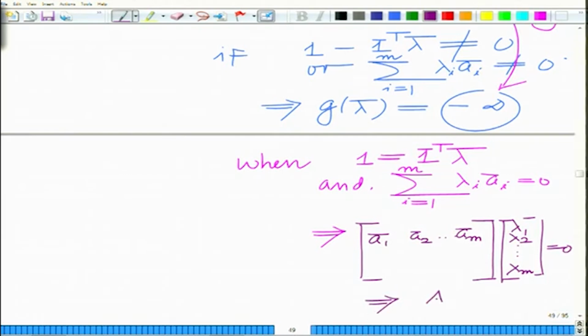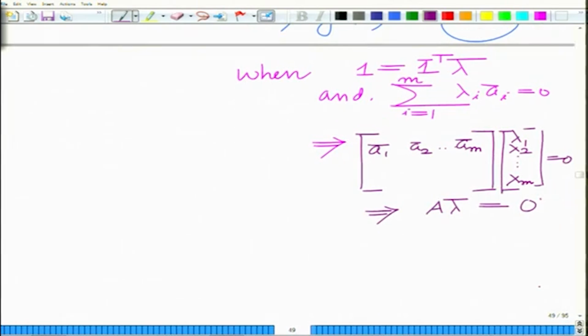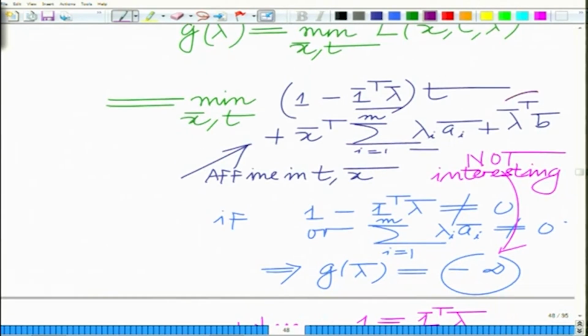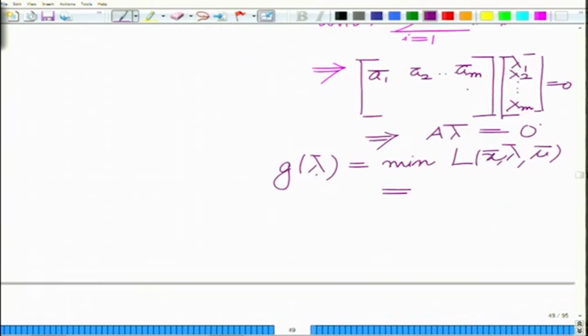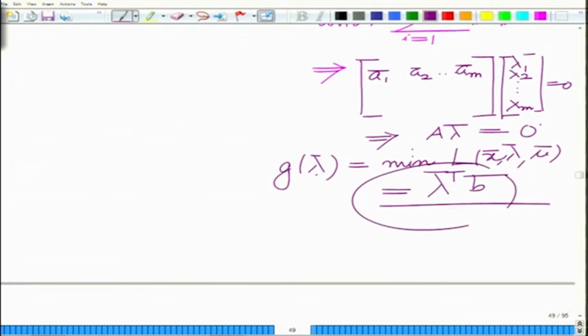This implies that A times lambda bar equals 0. Now, if 1 bar transpose lambda bar equals 1 and A times lambda bar equals 0, then the minimum over x bar comma t is nothing but lambda bar transpose b bar.